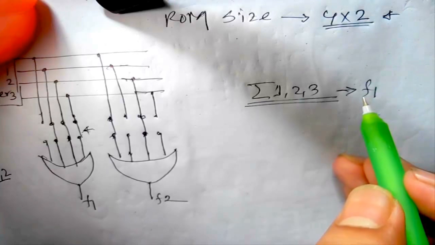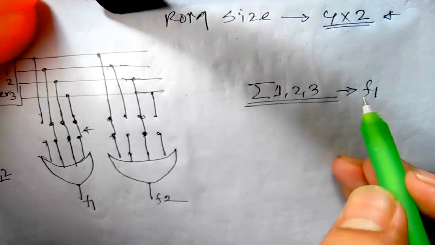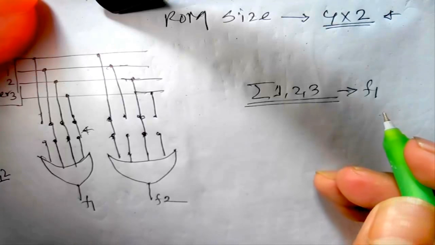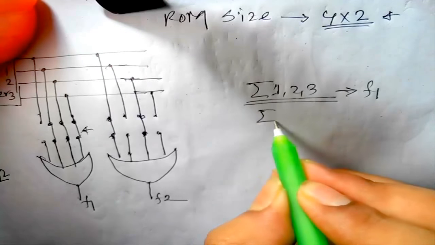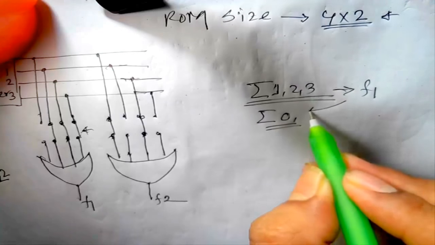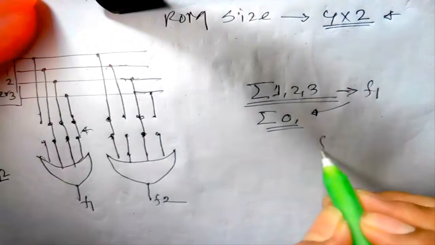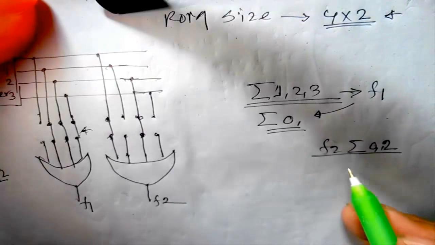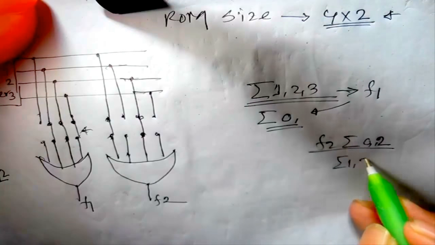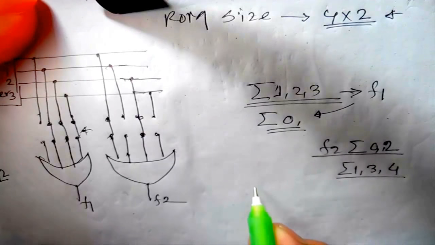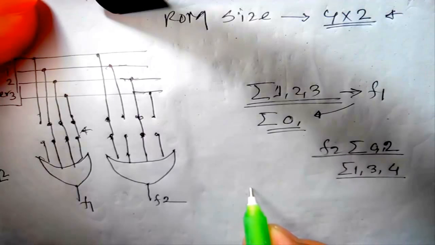So if we see a question on invert implementation, we need to connect only 0 in case of F1, and as F2 is the summation of 0, 2, on the invert implementation portion we need to connect 1 and 3. I just show you the example.